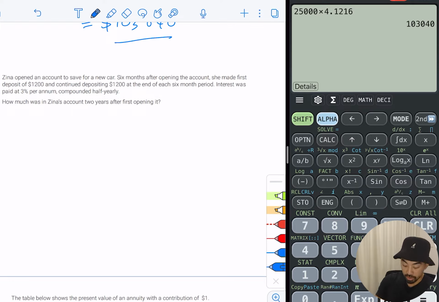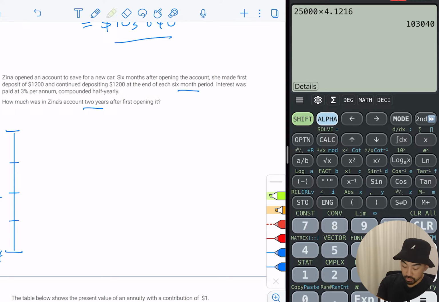So if I just draw a diagram of what the timeline looks like in terms of her contributions. You've got 0 and every 6-month period for 2 years. So basically you've got the first 6 months, 12 months, 18 months, and 24 months.